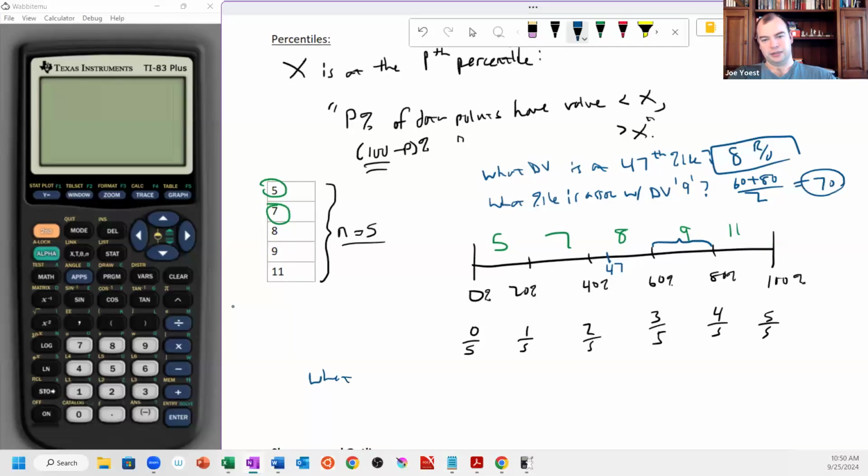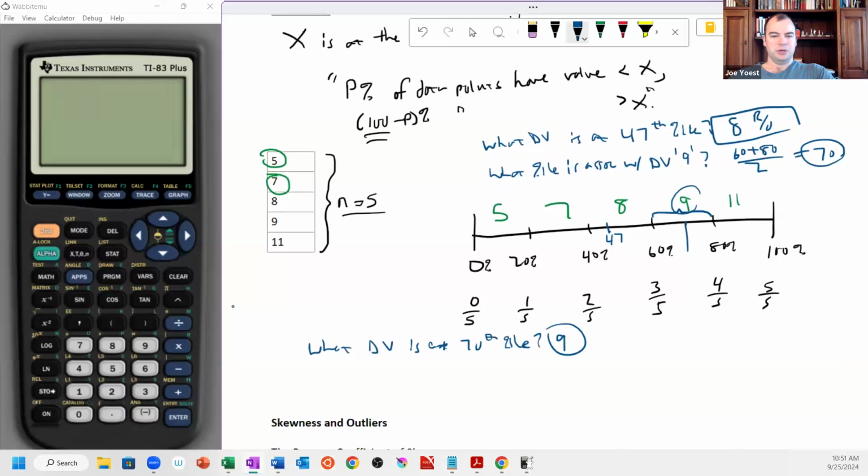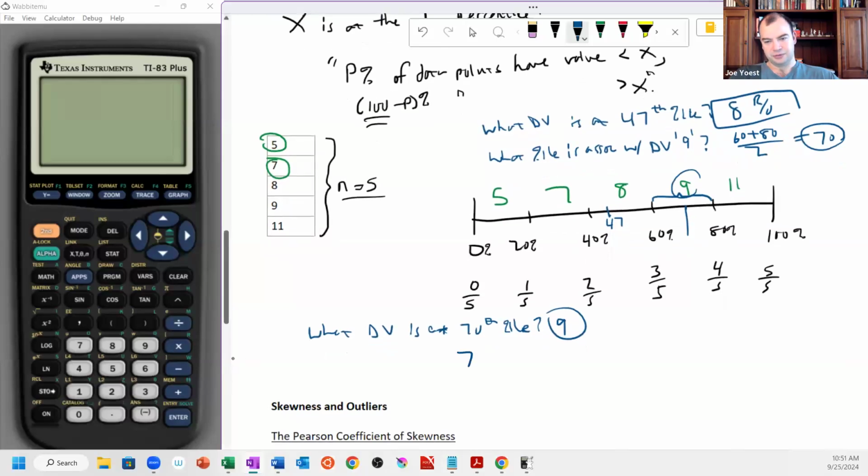So what data value is at the 70th percentile? Well, I find 70%, that indicates 9. Okay, that meshes. But what if instead of the 70th percentile, I ask for the 75th percentile or the 61st percentile? Well, those are also 9.